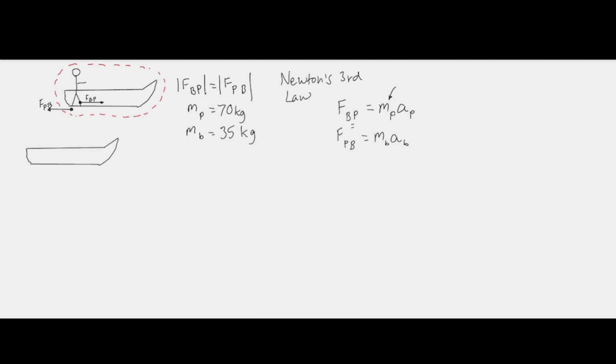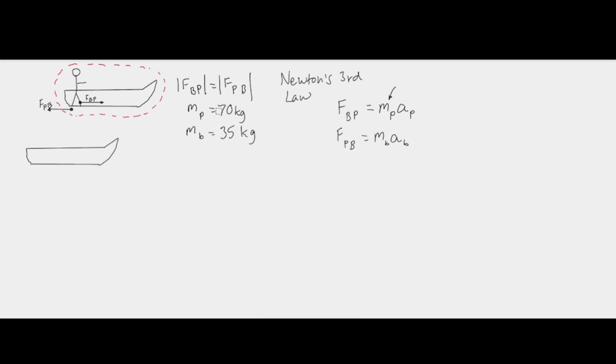If the masses are different, then the accelerations have to be different accordingly to make these two be equal. So if you have twice the mass, well, then you're going to accelerate at half the rate. If you have 1/2 of the mass, then you're going to accelerate 2 times more than the heavier object.